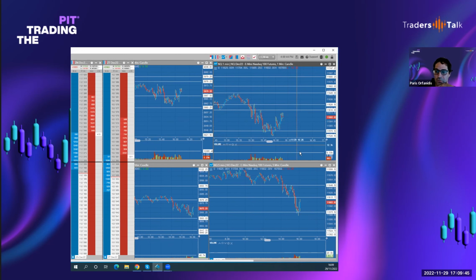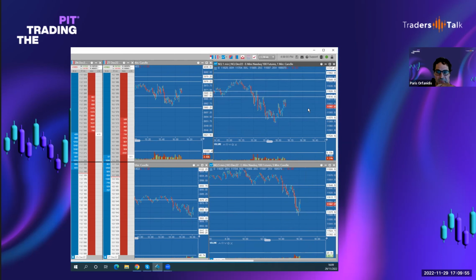For the time being, no. I'm just looking to see if it keeps on rejecting here. I might do a long, but I don't see the bond spiking yet. Euro dollar is spiking now.